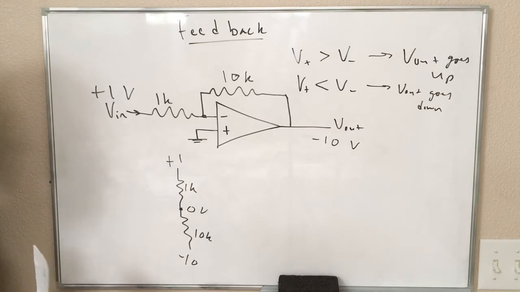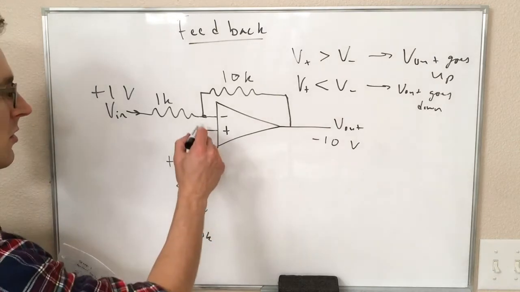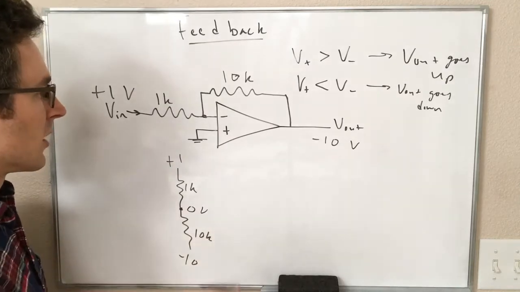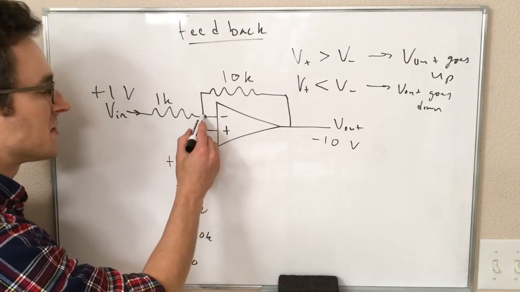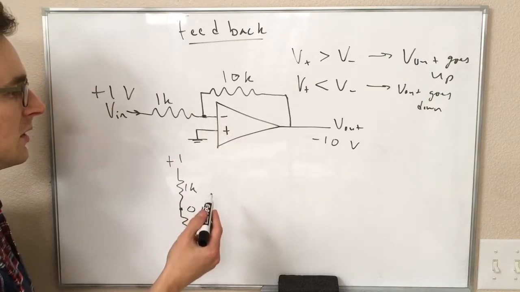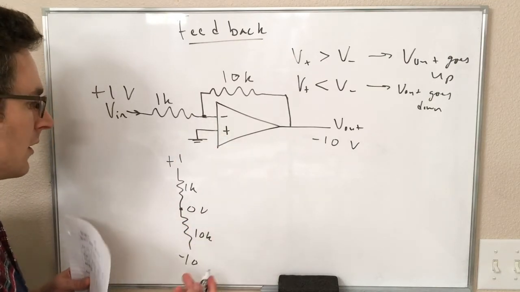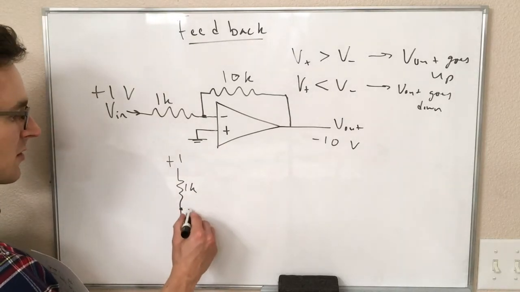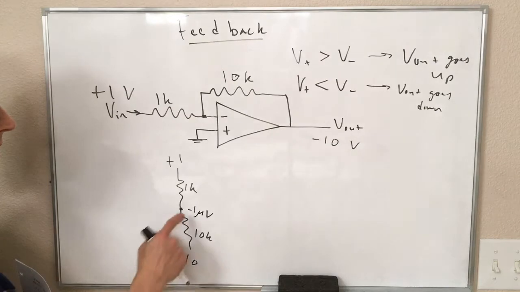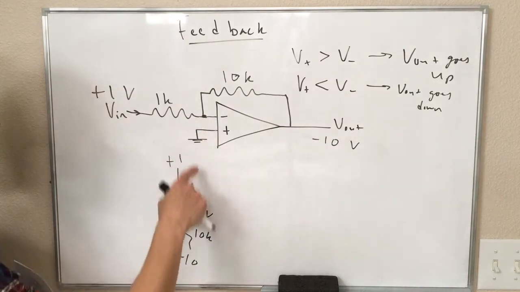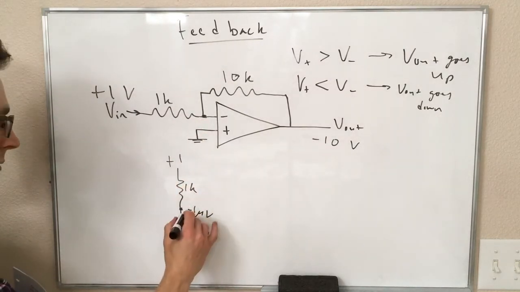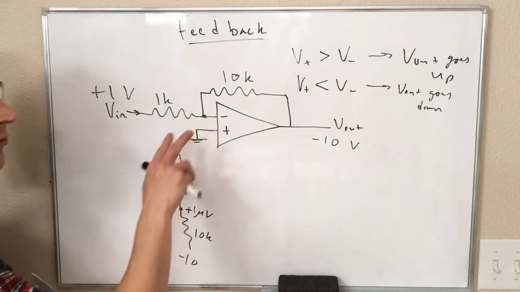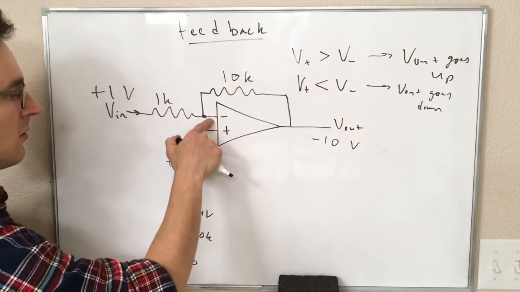So if this is at 0 volts and this is at 0 volts, wouldn't you say, if our op amp is really ideal, shouldn't that give us 0 volts at the output? Well, yes, but really this isn't going to be exactly 0. This is going to be like plus 1 microvolt. So this is some really tiny difference from 0, and when it's doing this differential amplification, it says 0 volts, 1 microvolt.